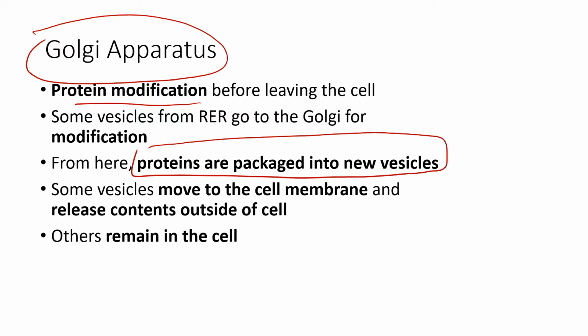Sometimes they move outside the cell, or move to the cell membrane, and others may remain inside the cell too. So this modifies proteins. You can say the rough ER helps package them a little bit, and the smooth ER does something else completely different.